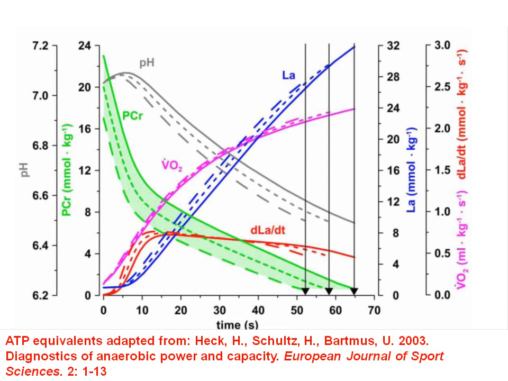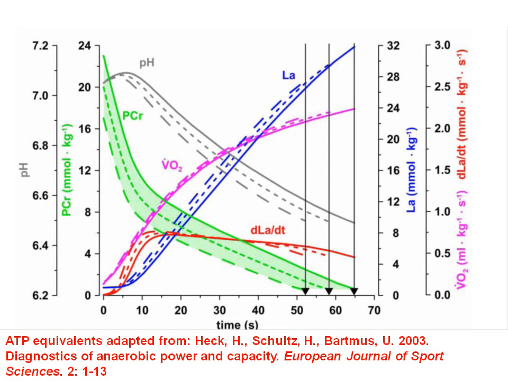But because you're trying to maintain the same exercise intensity, and because the PCR stores have pretty much hit rock bottom, the lactate concentration just keeps on rising and rising. Because lactate is rising, that tells us we're producing more hydrogen ions.